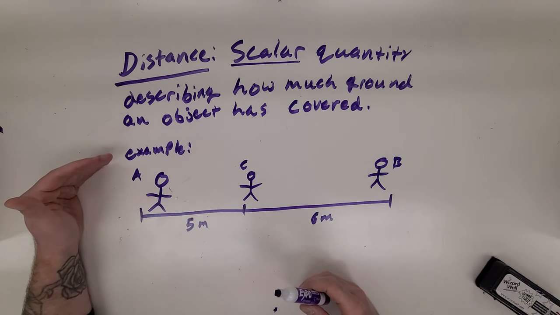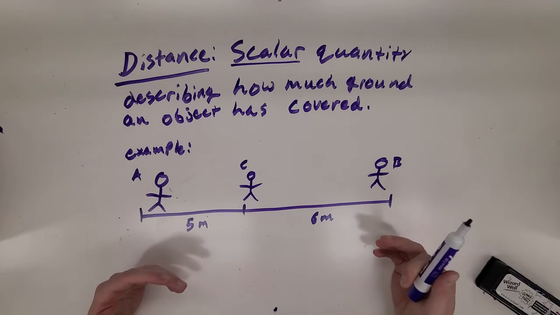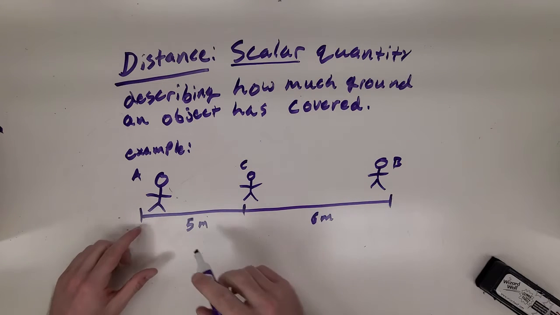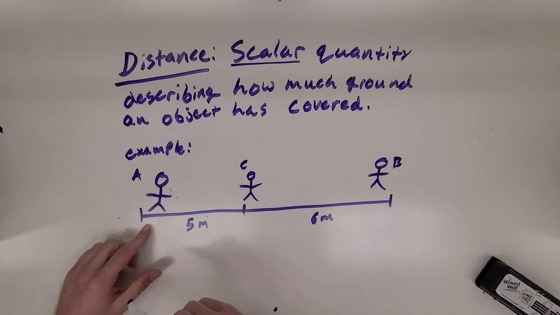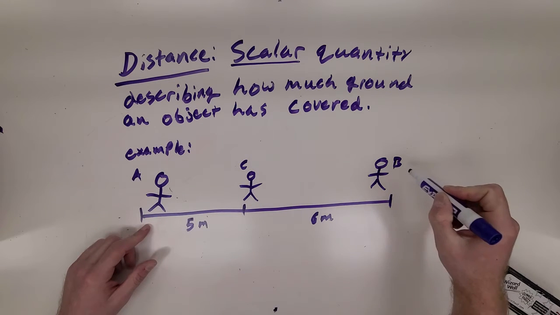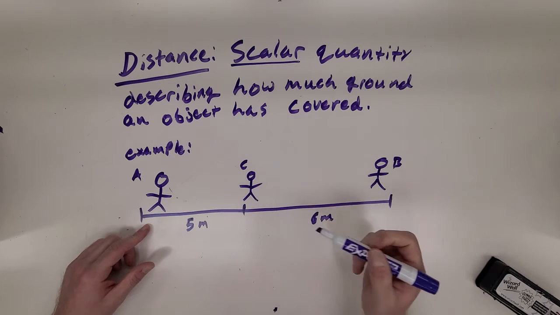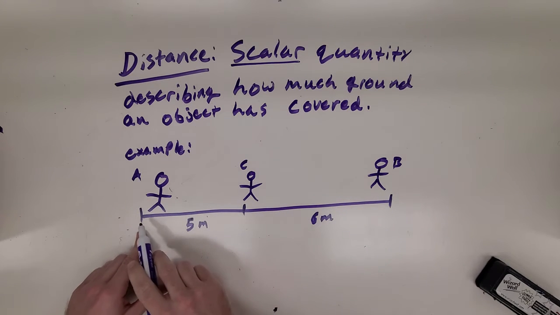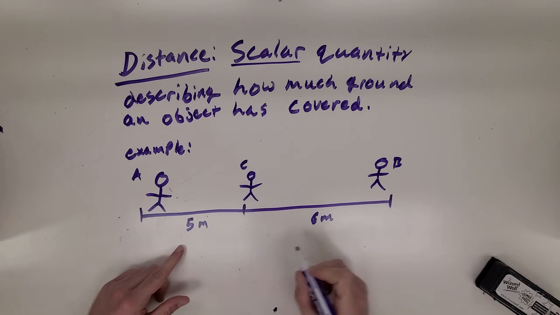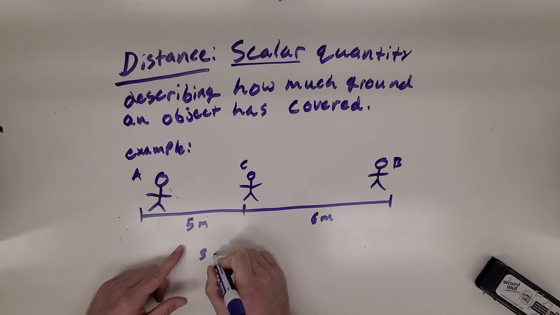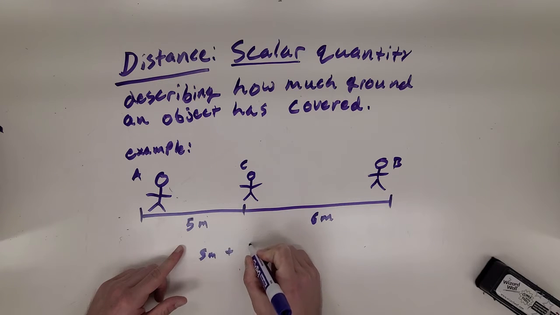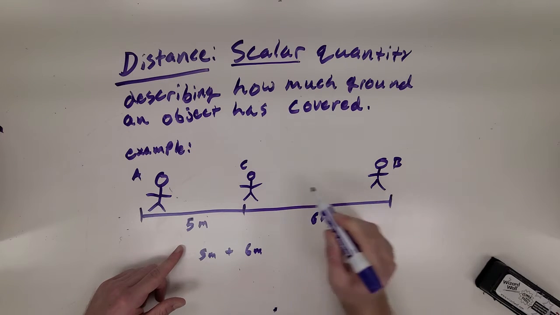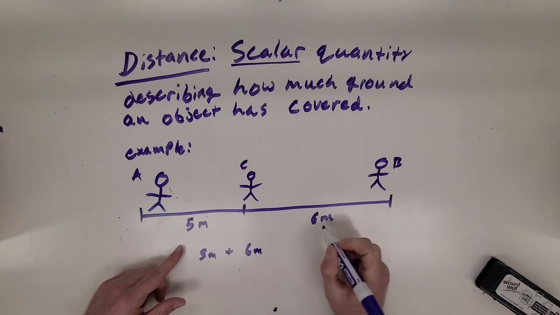To show an example of how we would calculate the distance of an object, we have a person over at position A, and this person's going to run all the way over to position B and then run back to C. This is just a random example. From position A to position B is 5 plus 6 meters. And then that person runs from position B to position C, and that is that same 6 meters.